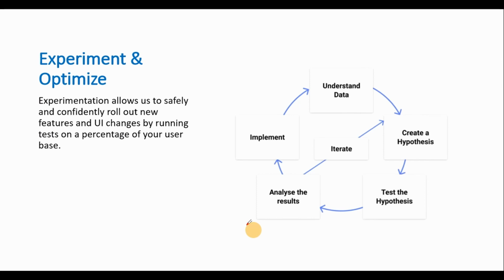So all experiments have to start with data, which can be either qualitative or quantitative. For example, let's say you find that a user is twice as likely to convert when two or more filters are applied to a set of search results.